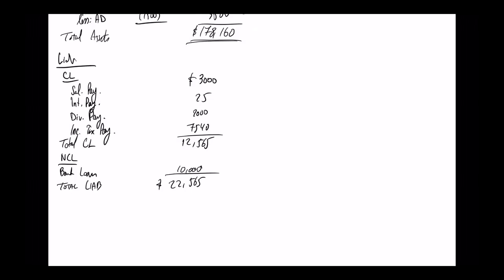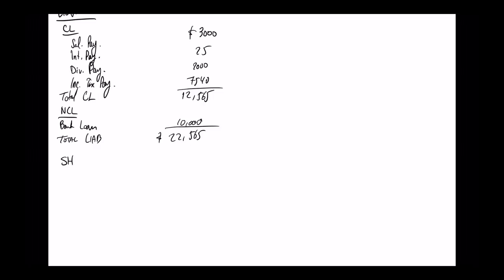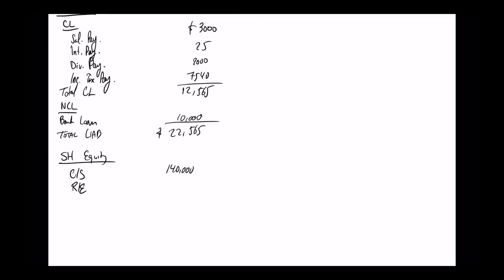And we finally have our shareholders' equity. So we have our common shares and we have our retained earnings. Common shares is 140,000 and retained earnings, let's just do our formula. So beginning retained earnings plus net income minus dividends gives us our ending retained earnings. So we had 0 retained earnings to begin with. Our earnings for the period was 17,595 and we declared $2,000 of dividends.